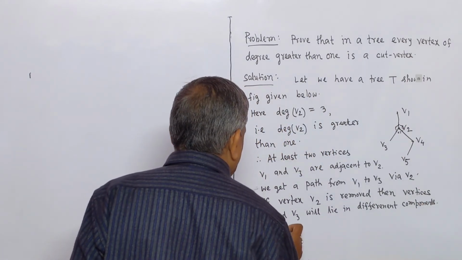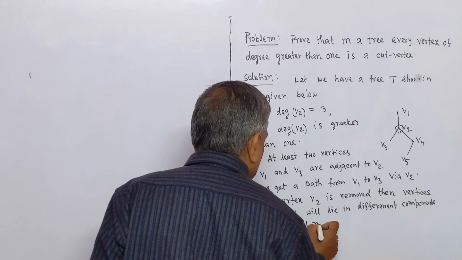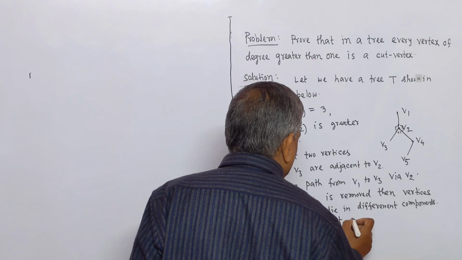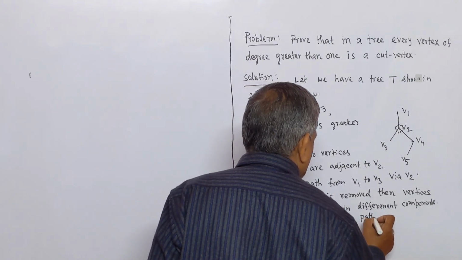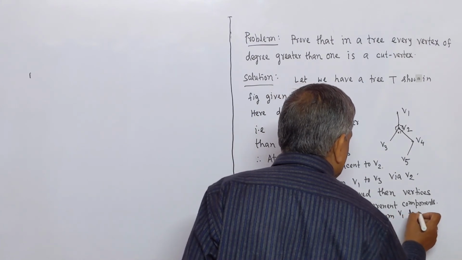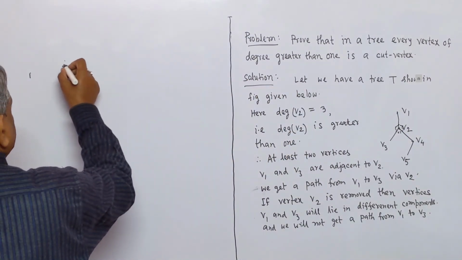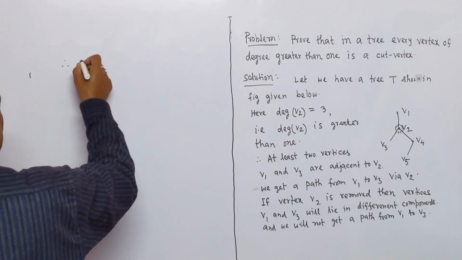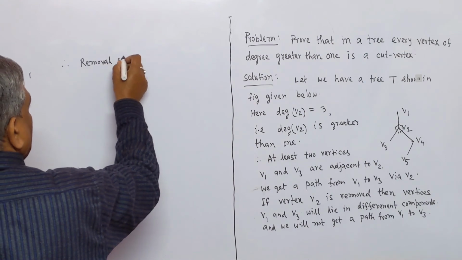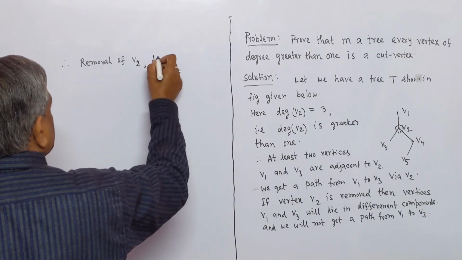And we will not get a path from V1 to V3. Therefore, removal of V2 disconnects the graph.